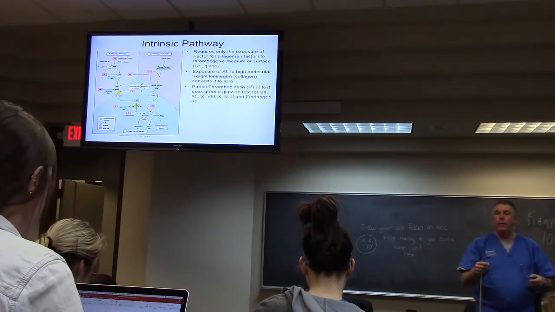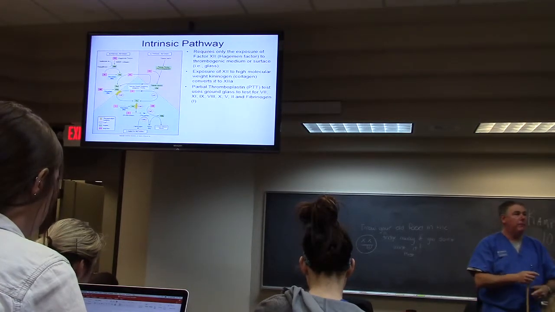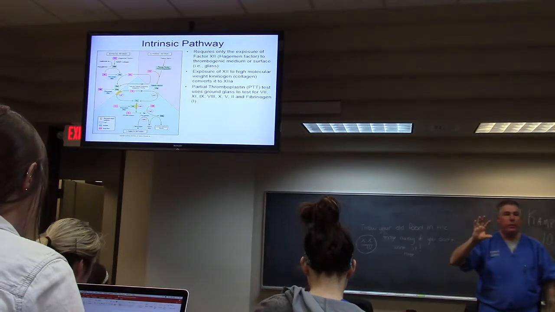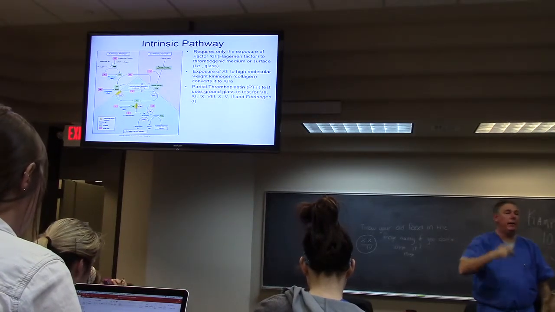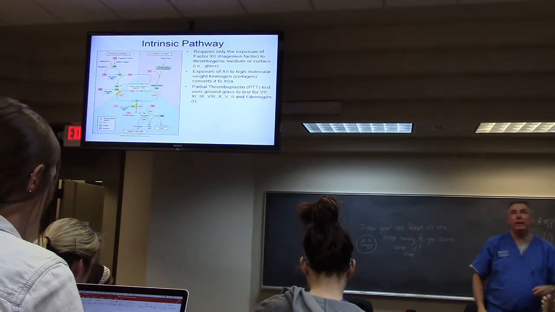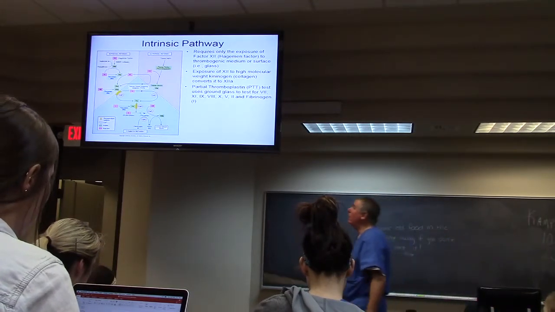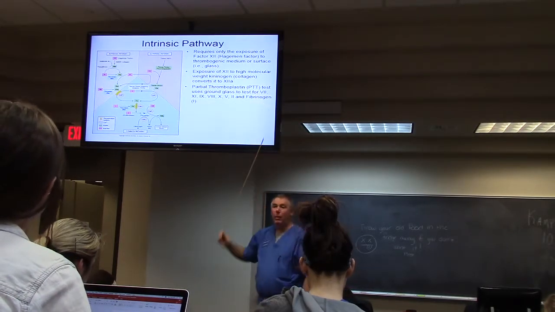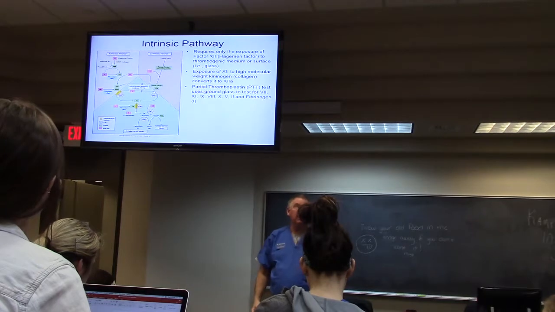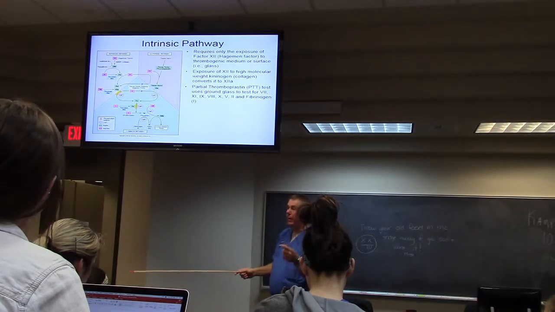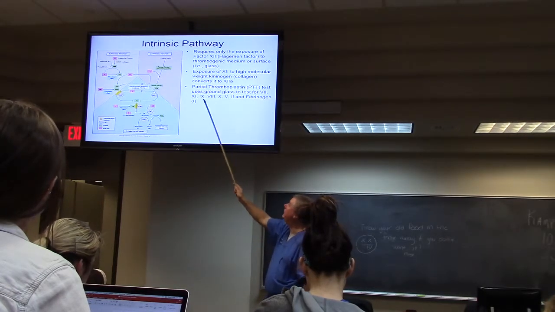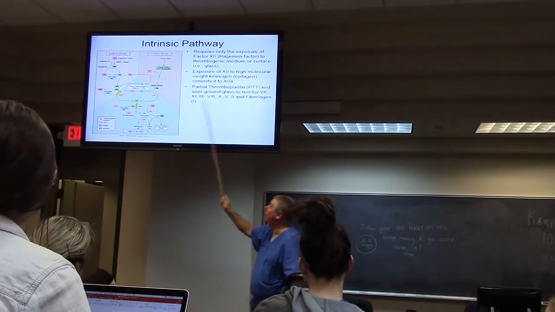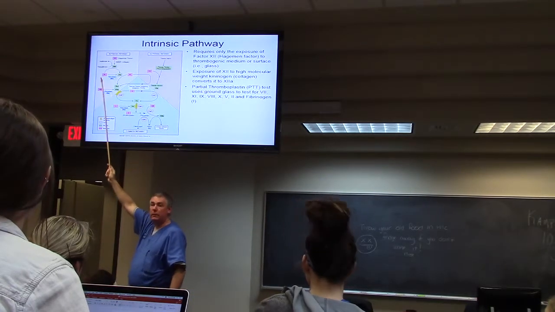So if you want to measure the PTT, you add essentially ground glass to the tube to initiate the intrinsic pathway. You measure this not with a PT, but through a PTT, partial thromboplastin time. The PTT, because of how you did it, looks out for the competency of these molecules, which are over here on this side. Okay?